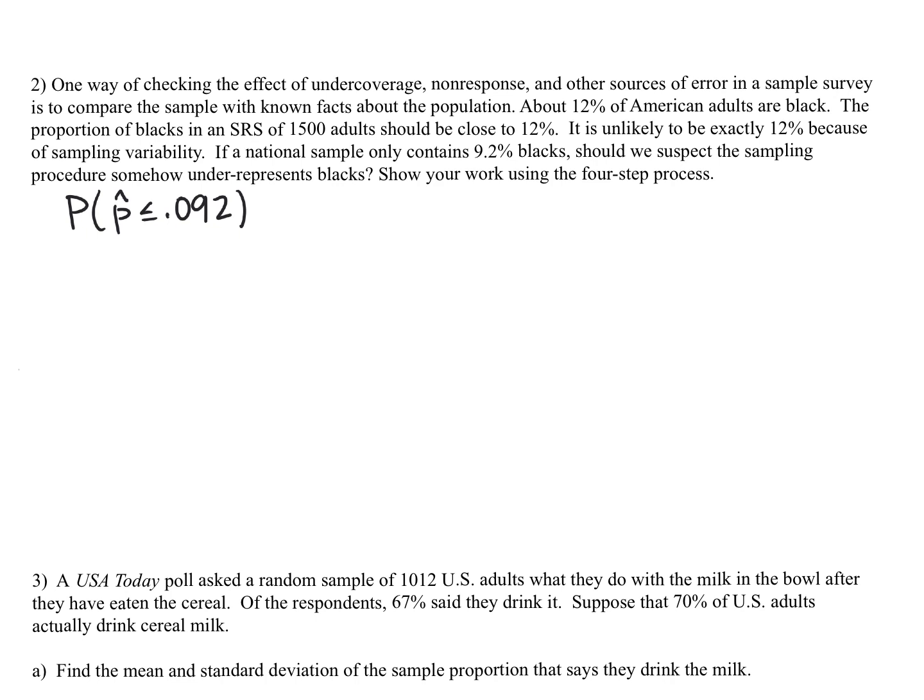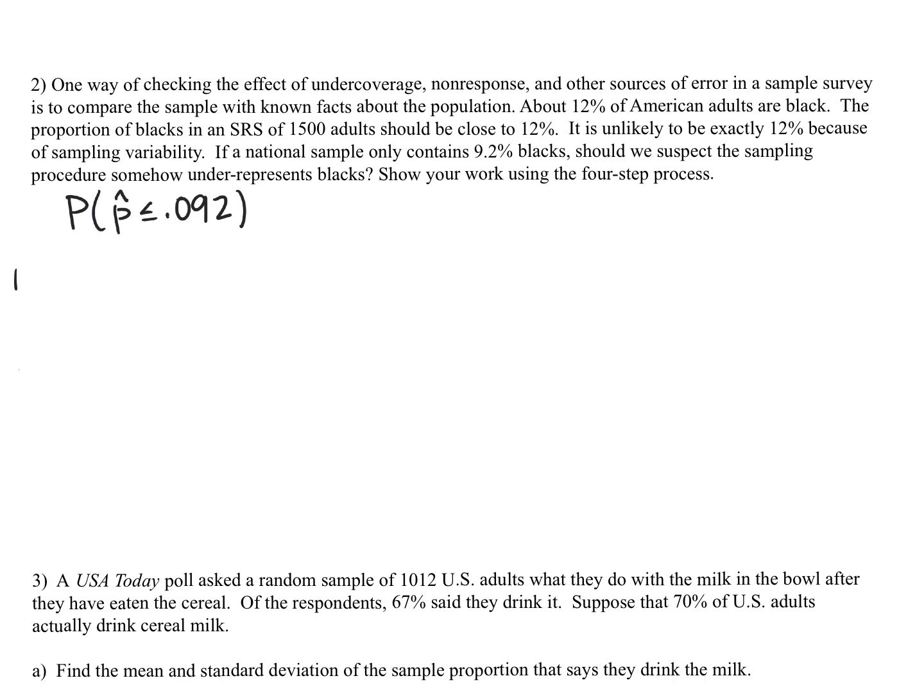If it's a very low probability, then we can say the procedure underrepresents Black adults. If there's a very high chance that it's under that, then we know it's not underrepresenting, and that our difference is due to sampling variability.